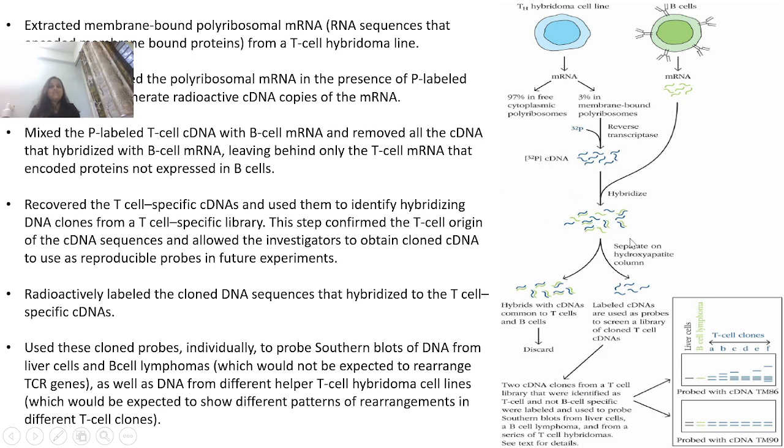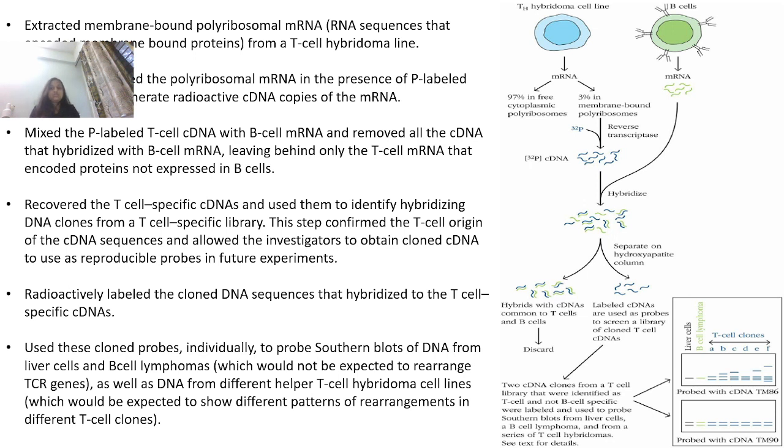Then they mixed this phosphate labeled T cell cDNA with the mRNA they got from the B cell, and they hybridized it. So whatever regions are common with the cDNA and the mRNA of the B cell, they will hybridize, and they separated them, and they saw that there was some unique cDNA which were not hybridizing with the mRNA.